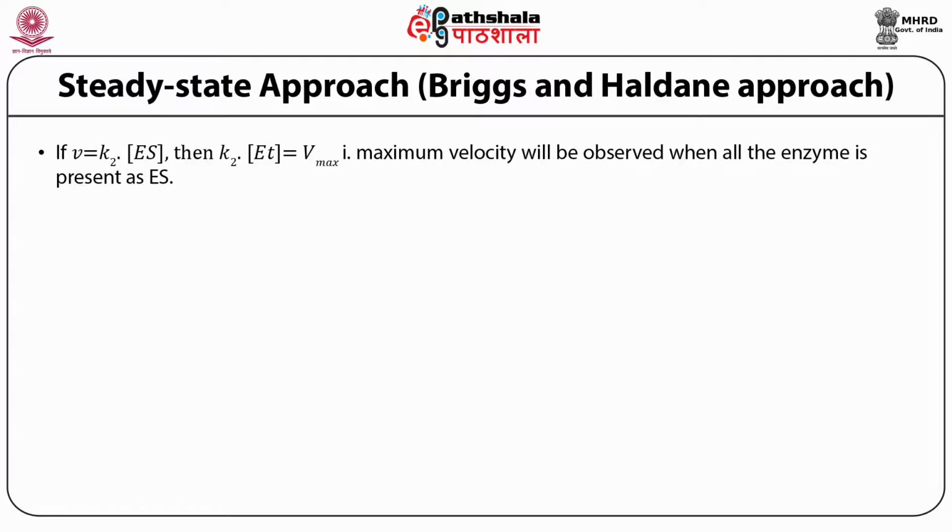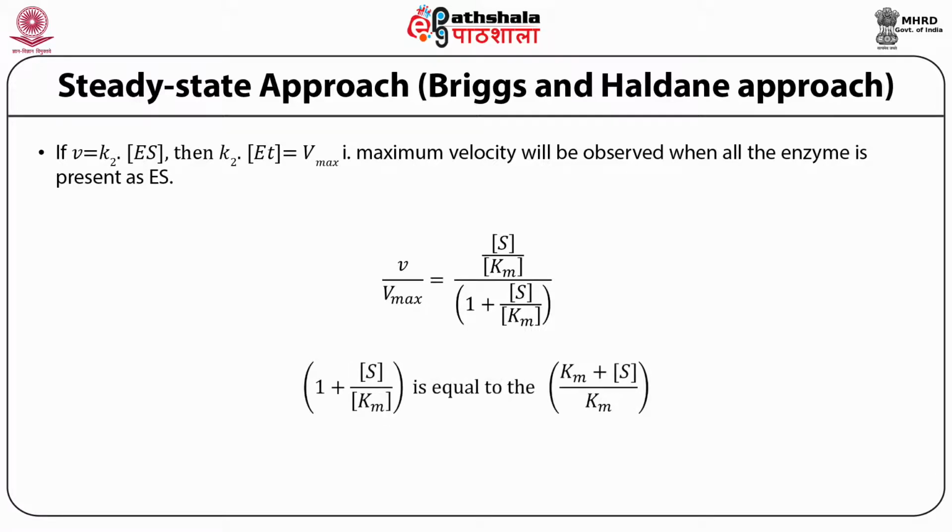So when we replace the value of Vmax in the equation, the equation becomes V upon Vmax equals S upon Km divided by 1 plus S upon Km. And if you solve the denominator of the right side, you will have 1 plus S upon Km is equal to Km plus S divided by Km.